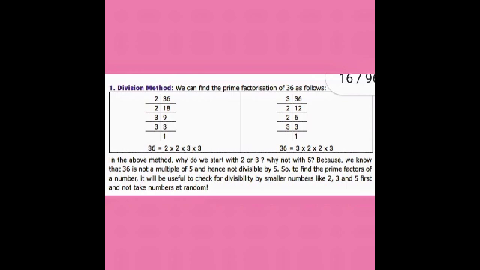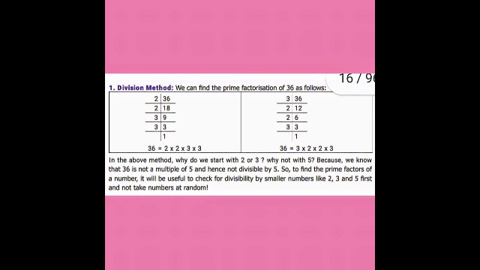It is not a normal division, it is an L division. We should use only the smallest prime number that divides the given number, and start the prime factorization from there. So here the number is 36.